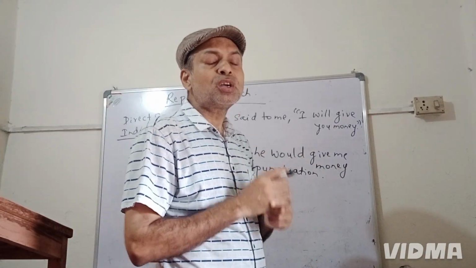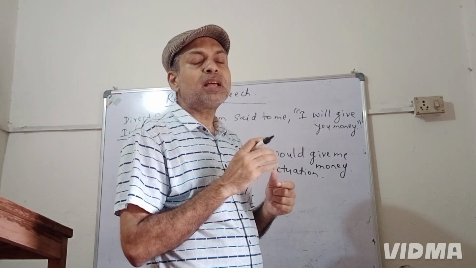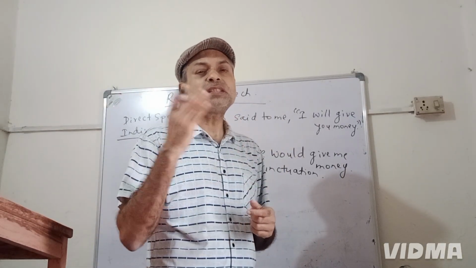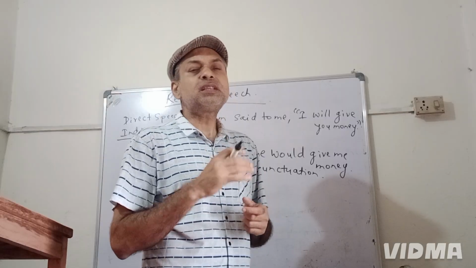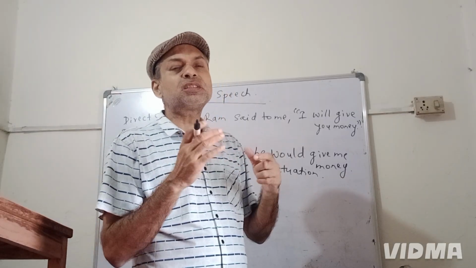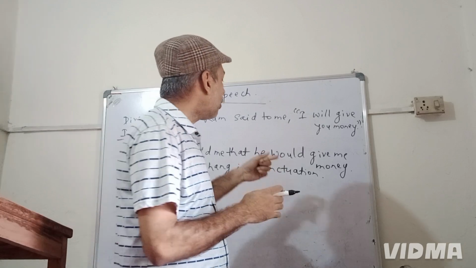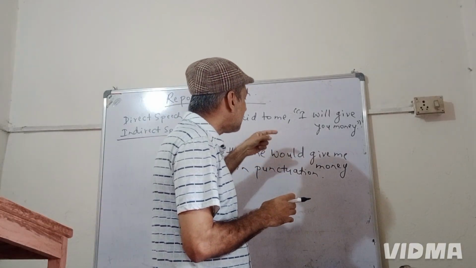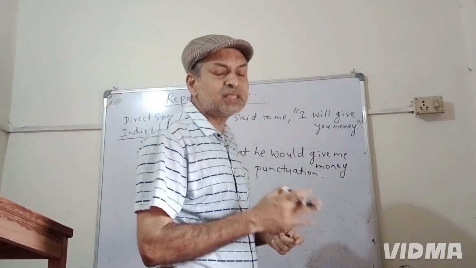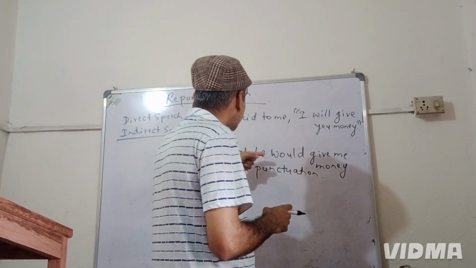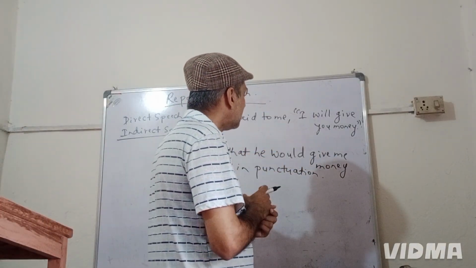Most of the time, indirect speech is changed into past tense. Why? Because the incident had happened in the past, and now we are reporting the past event in the present time. Ram told me that he would give me money.